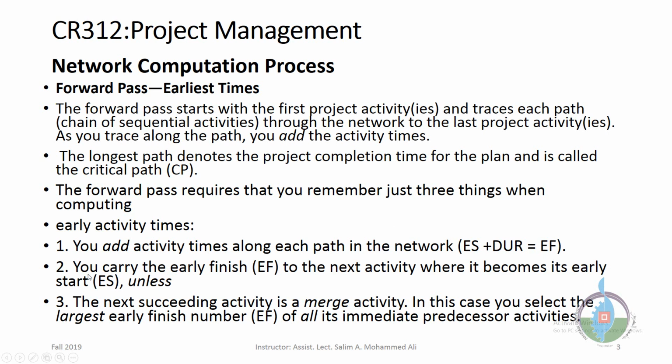You can carry the early finish, EF, to the next activity where it becomes its early start, ES, unless the next succeeding activity is a merge activity. In this case, you select the largest early finish number of all its immediate predecessor activities. This is so important, and we will look at it on the diagram as well.